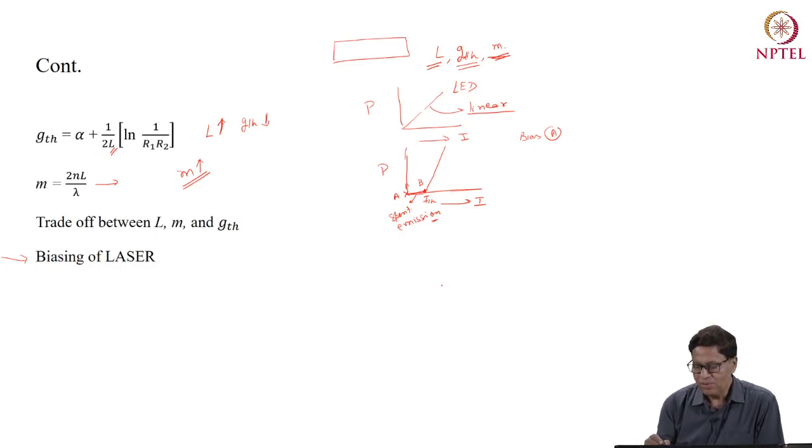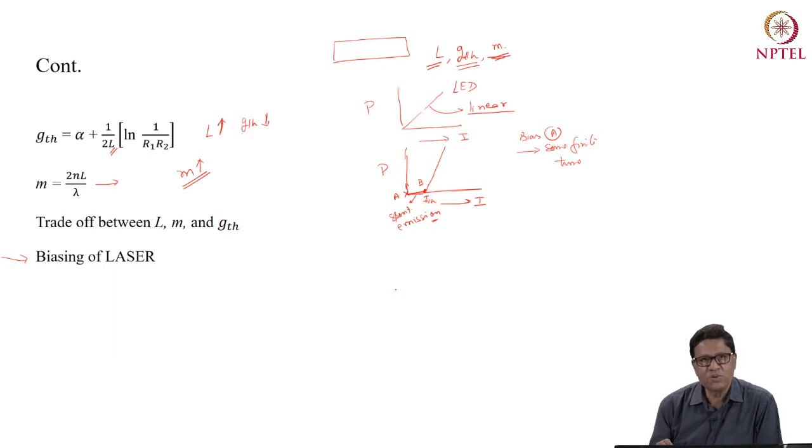In order to go from non-lasing condition to lasing condition, it will require some finite time, which will actually limit your data rate, the rate at which you can modulate your laser diode. So this is an issue if you bias at point A.